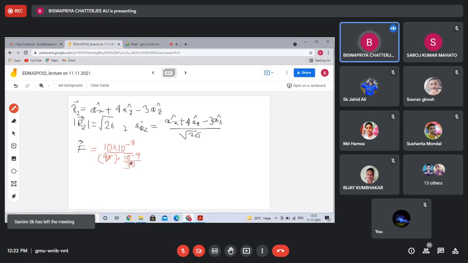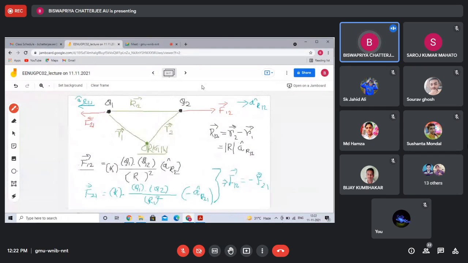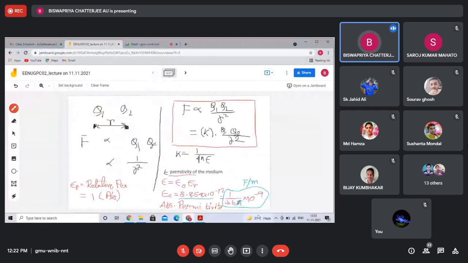So I have told you to use this. So this part is okay. You see the advantage of using this value: 1 by 36 pi into 10 to the power minus 9.